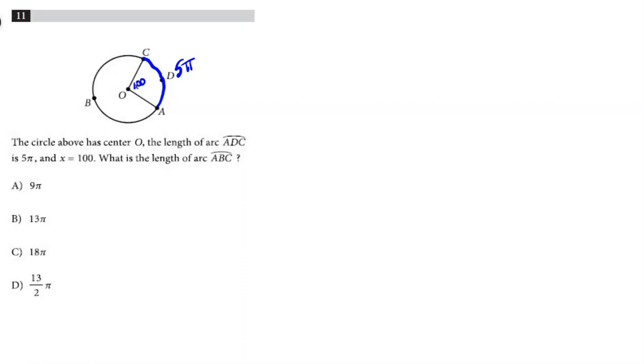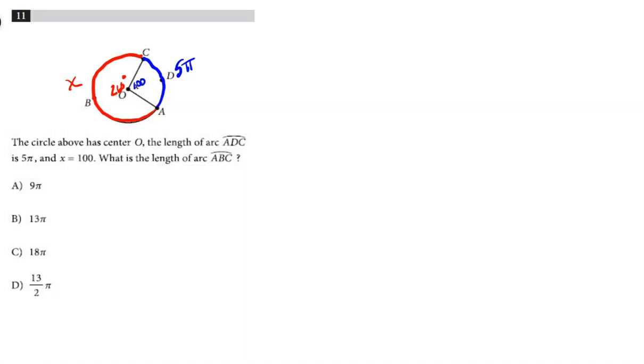So what they want us to find is that arc length. Well, the first clue I know is that I can figure out the degrees, since the total circle is 360, 360 minus that 100 means that there's 260 degrees over here. And so I think that's going to give me a relationship, and let's just call this x, because that's what we're looking for.